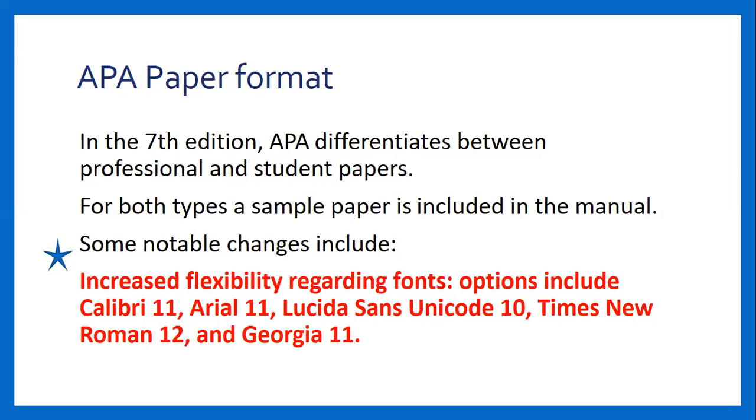Options include Calibri, Arial, etc. Effectively, you're looking for a font that is legible on paper and online. And it should be in a size that's legible. If a professor's reading multiple papers from classes, they don't want to have a font that's very hard on the eyes.